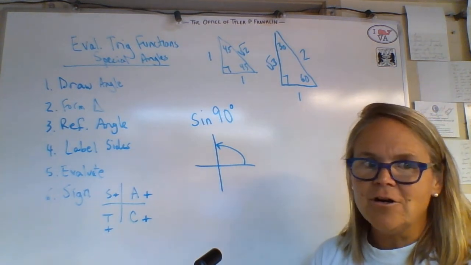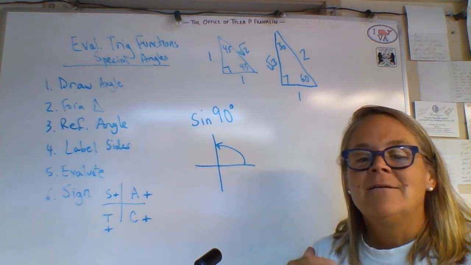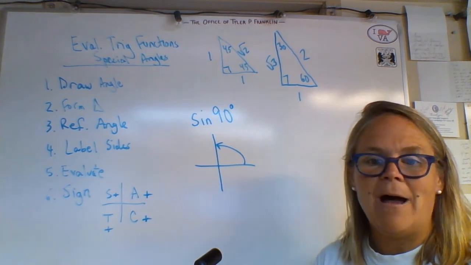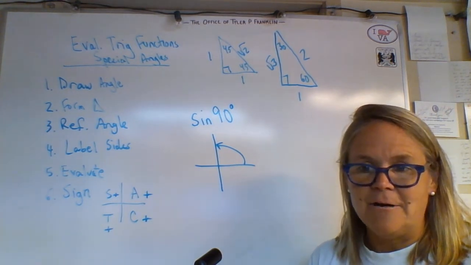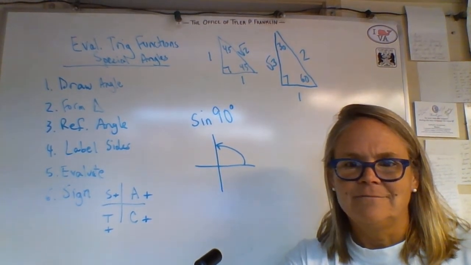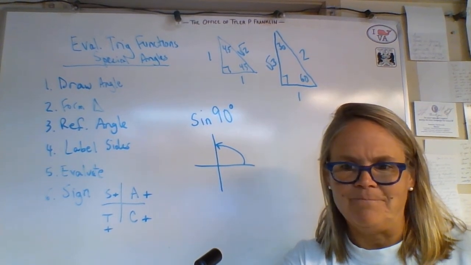So if that occurs, 90, 180, 270, 360, pi over 2, pi, 3 pi over 2, 2 pi, just use your calculator. Okay? All right, hopefully that is understandable.